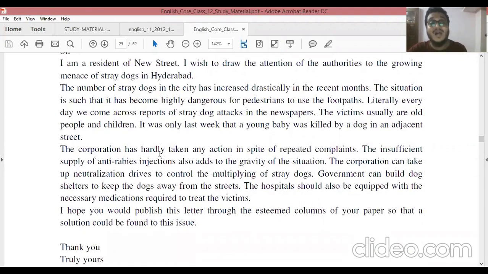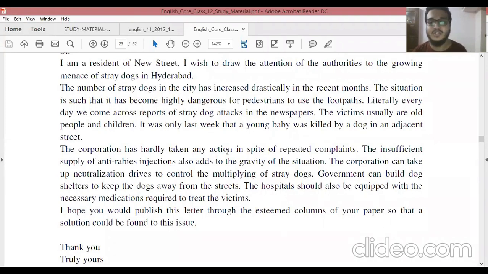The corporation has hardly taken any action in spite of repeated complaints. Insufficient supply of anti-rabies injection also adds to the gravity of the situation, because there is not sufficient stock available in the market. At present, in corona, no sufficient testing is going on and no sufficient medicine is coming to the market. So we the people are the sufferers.